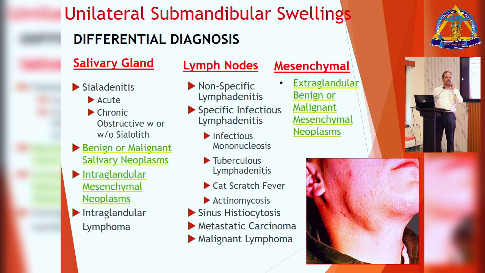What is the commonest swelling in the neck? Suppose somebody asks you which is the commonest swelling of the neck. The commonest swelling in the neck is a lymph node, because there are 600 to 800 nodes in the body, of which 300 are in the neck. Two philosophies you must remember.